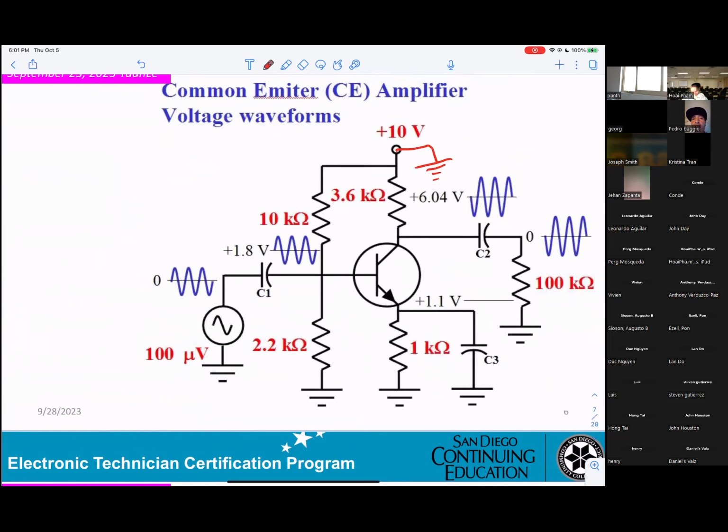Okay? If we already calculated for DC at the base, how many volts do you get right here? Right? You're using the voltage divider. You calculate, you get 1.8 volt DC.